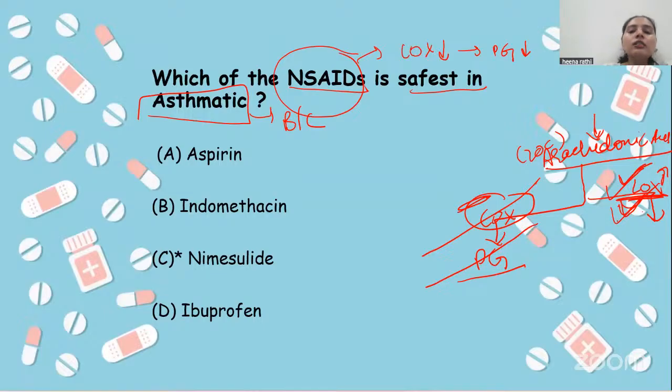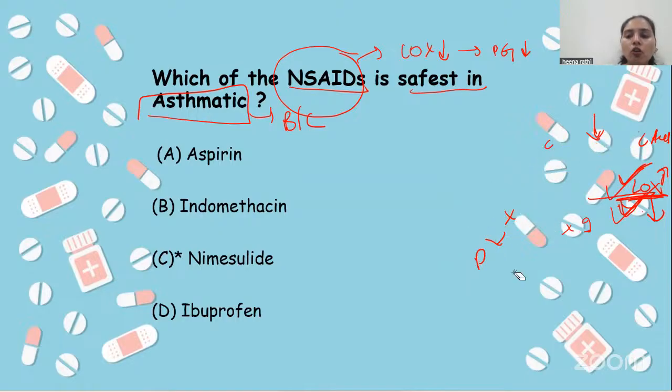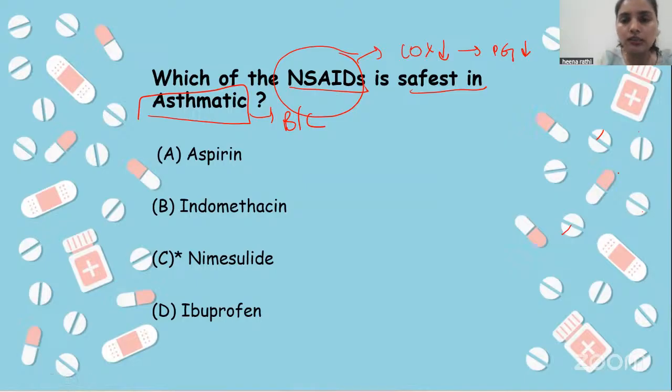So if we want to give a COX inhibitor, it should not block both COX enzymes. COX is available in two forms, COX-1 and COX-2. COX-1 is present in all the physiological structures, and COX-2 is present in case of pathology.